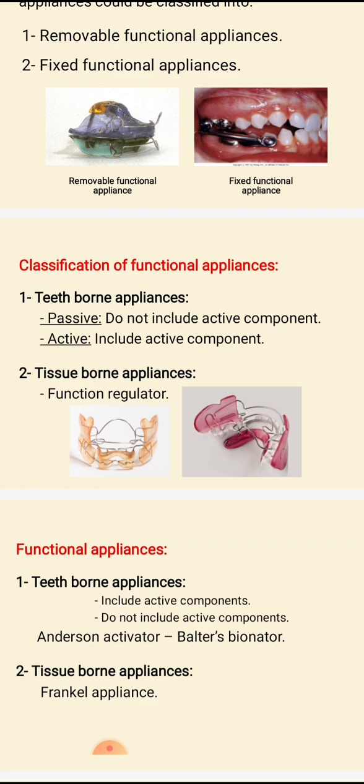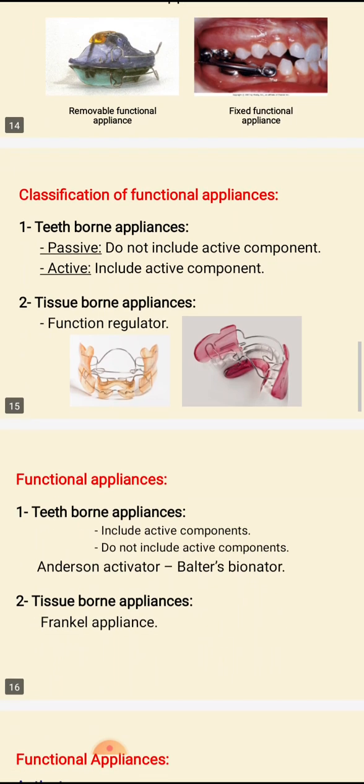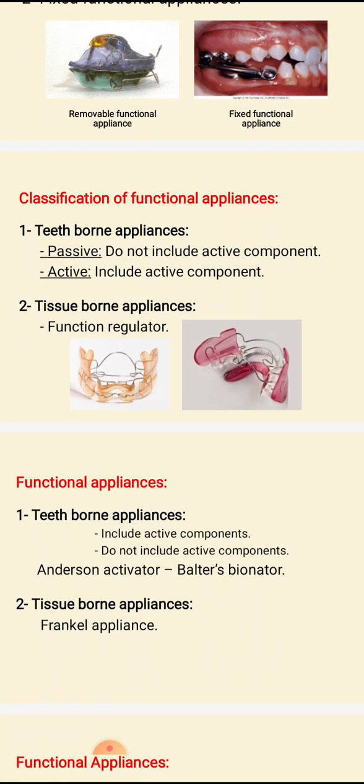The other category is tissue-borne appliances, and the only appliance under this category is the functional regulator or the Frankel appliance. All other appliances are under the category of teeth-borne appliances, whether they are fixed or removable.